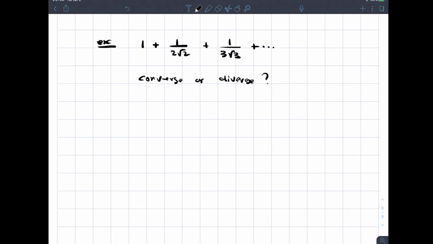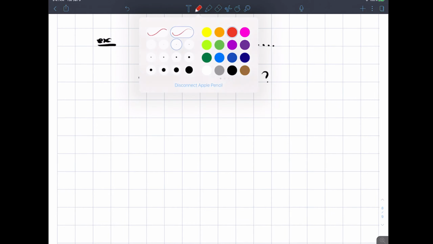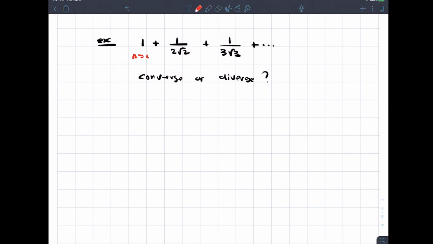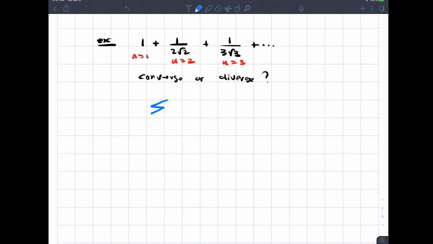Well, for this kind of question, you have to figure out what the series is. Remember, this happens when n is 1, this happens when n is 2, this happens when n is 3. We can look at these terms and say this is going to be the sum of 1 over n square root of n, n from 1 to infinity.